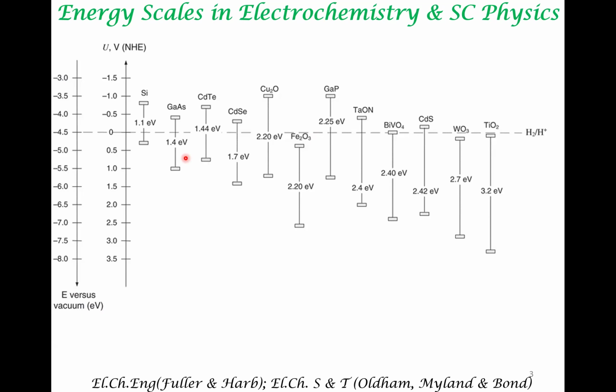So we can specify the reduction potential for that reduction process. That is adding an electron to the conduction band or adding an electron to the valence band of a semiconductor. So when we talk about that electrochemistry, we can talk about the reduction potential for that particular process.